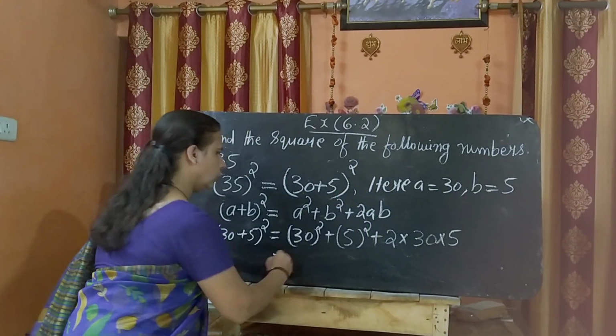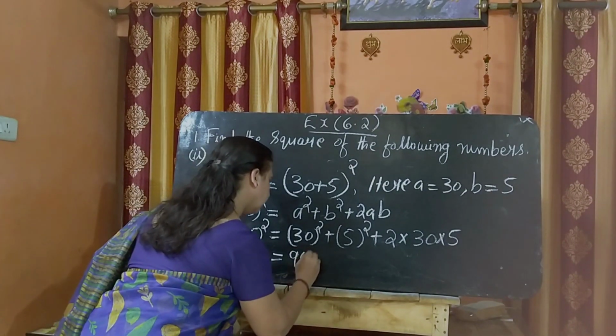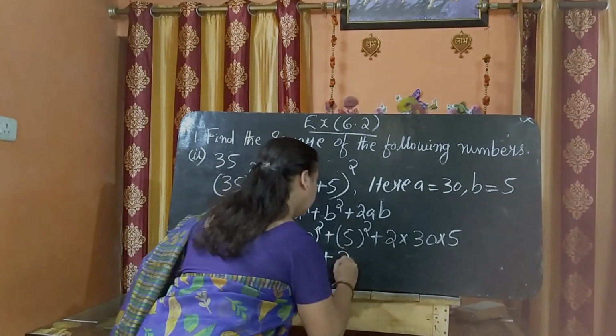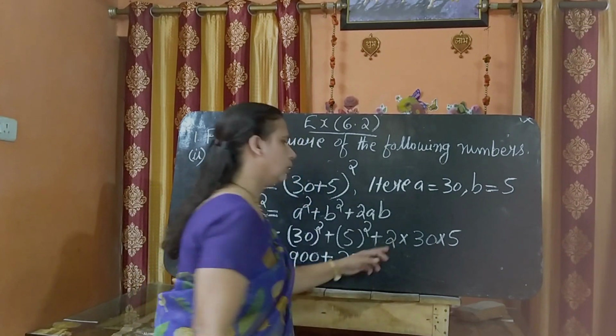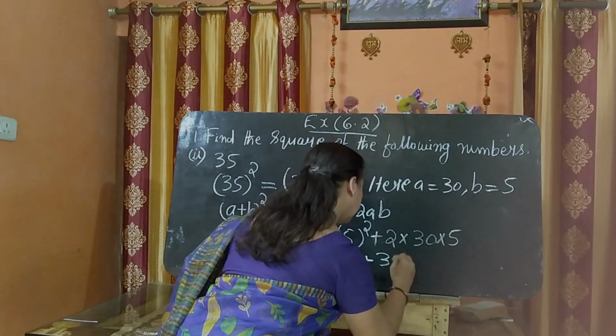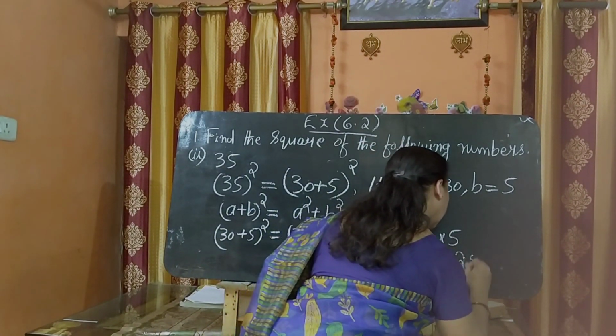That is equal to 30 square, 30 into 30, that is 900, plus 5 square, 5 into 5, 25, plus 2 into 30, 60, 60 into 5, 300. That is equal to 1225.